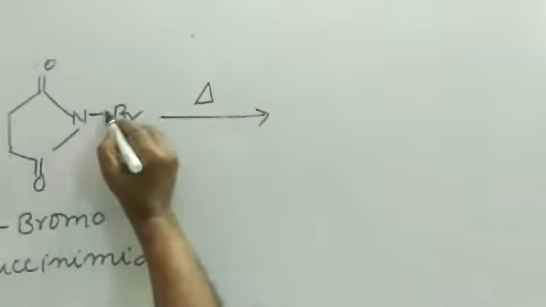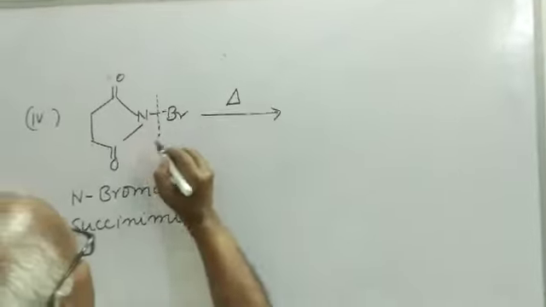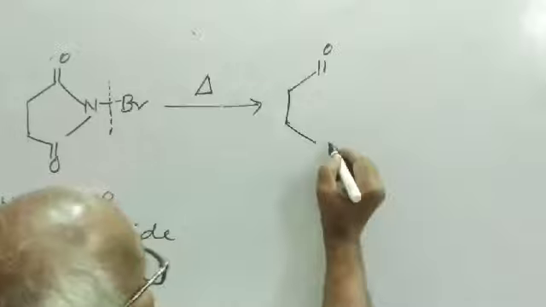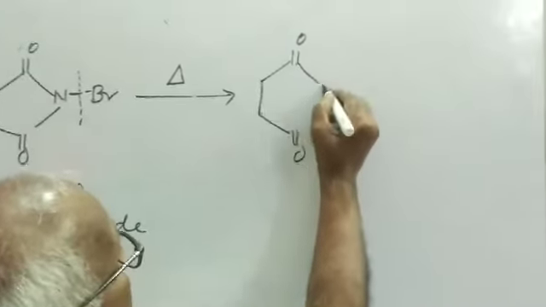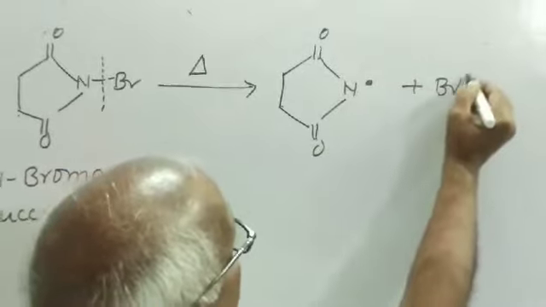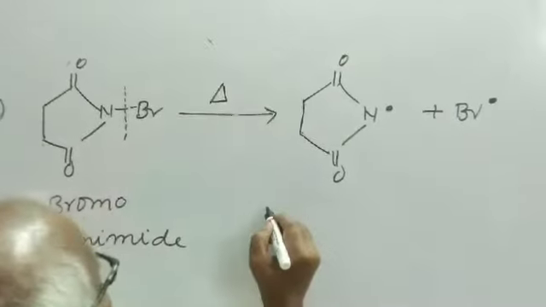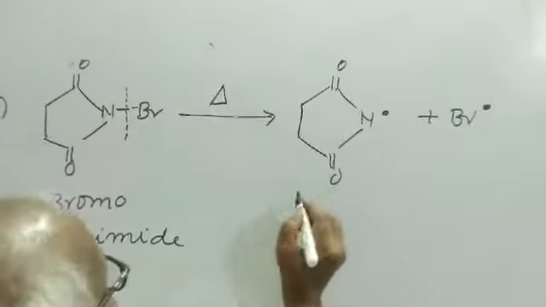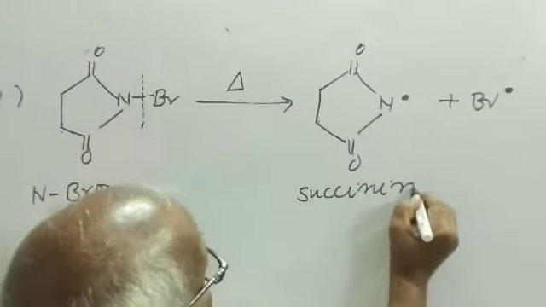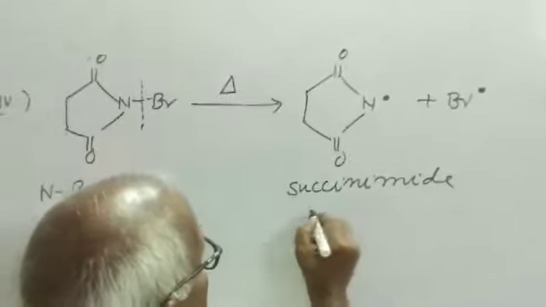This bond breaks homolytically, generating this free radical plus a bromine free radical. This is N-bromo, this is succinimide radical.